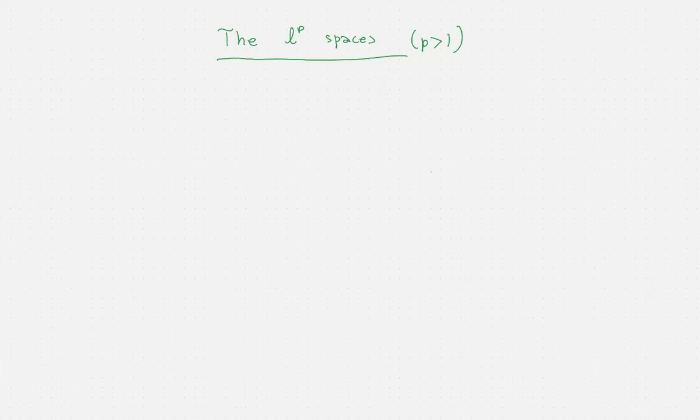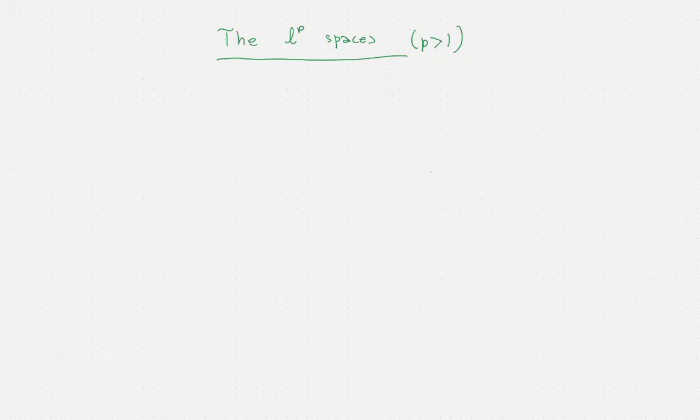The only thing that is a bit harder is to check that the infinite dimensional L1 space is complete. And now, for the LP spaces, proving the triangle inequality is much harder, but we have already established in the previous video the Minkowski inequality, which is pretty much all we need.